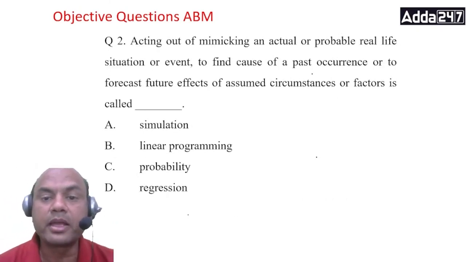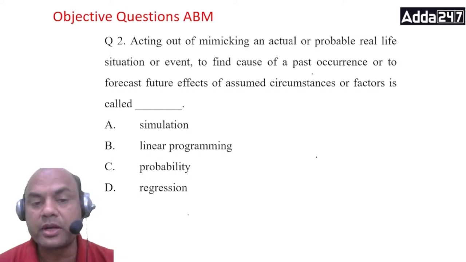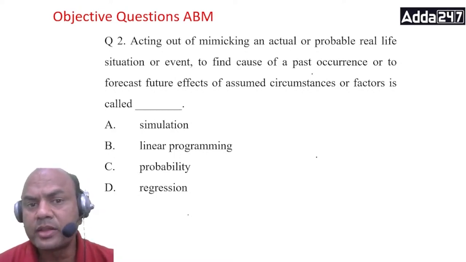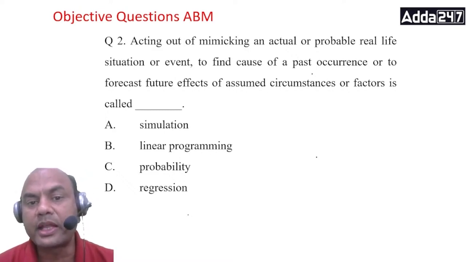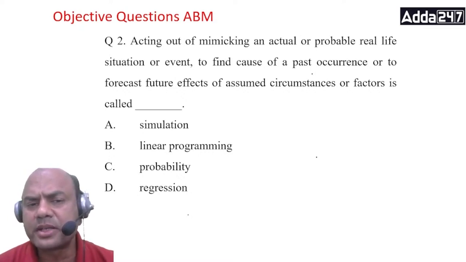Everyone answer in the comment section. Acting out or mimicking an actual or probable real life situation or event to find the cause of the past occurrence or to forecast the future effects of the assumed circumstances or factors is called as what? This is on similar lines to the earlier question, isn't it?